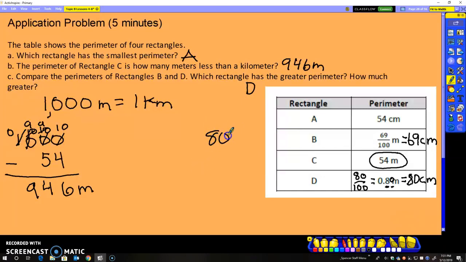So if I have 80 minus 69, I have to rename here. 10 minus 9 is 1, and 7 minus 6 is 1. Alright, 11 centimeters. So how much greater is D compared to B? 11 centimeters. Hopefully that all made sense to you. That's a pretty interesting problem to start us off with.